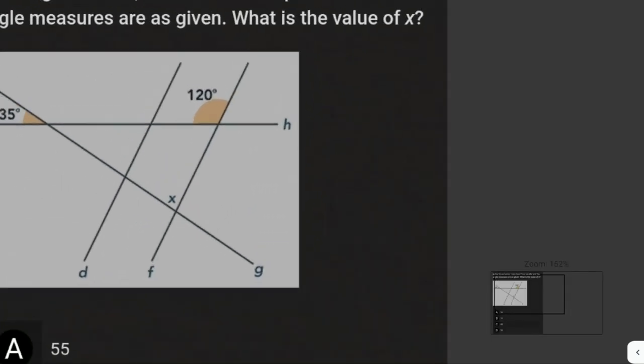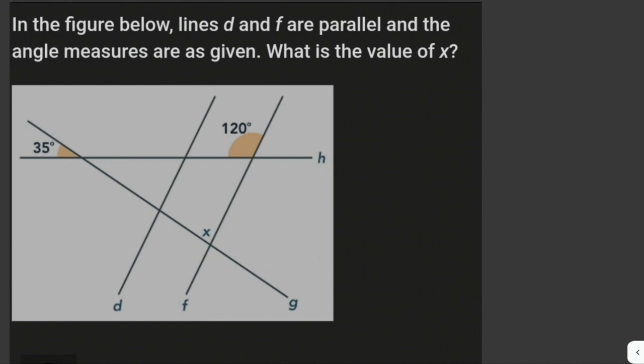In the figure below, lines D and F are parallel, and the angle measures are as given. What is the value of x? So this is our x here.